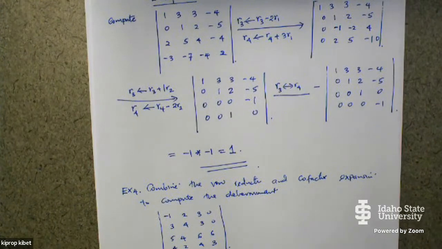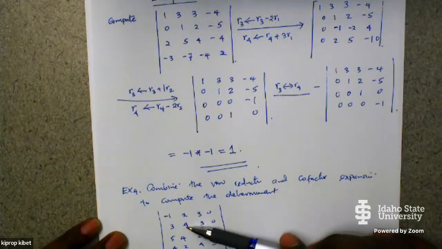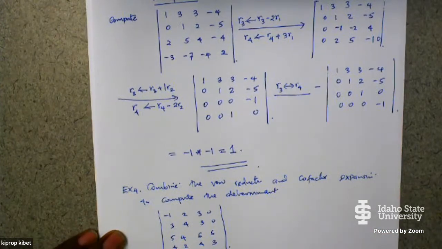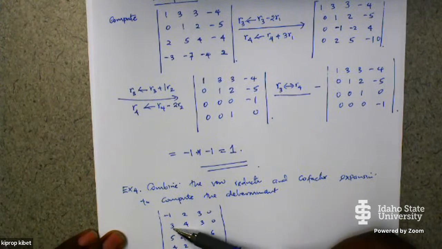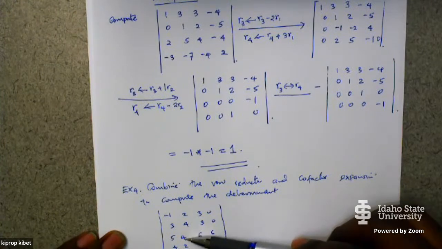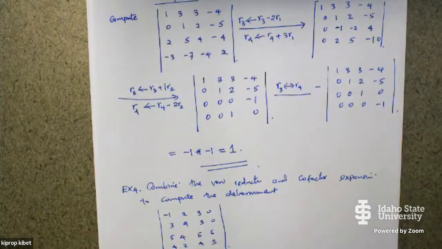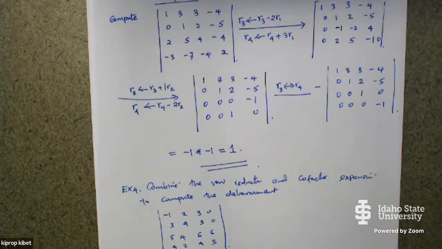So you can row reduce to the point whereby you can also use the cofactors. Looking at this, if you look at the second row and the third one, you can create as many zeros as possible on the row or the column.